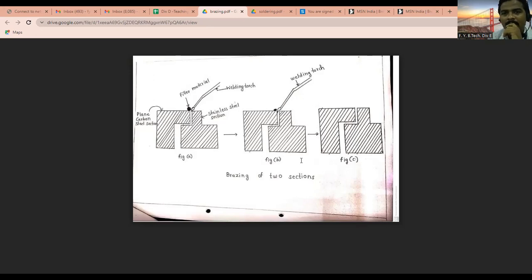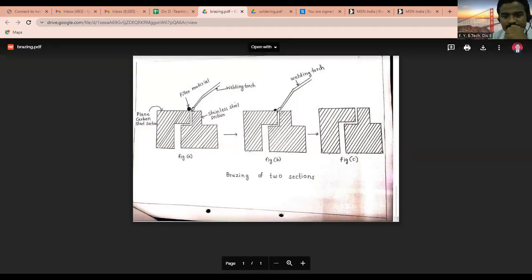Common points you can list as these are the advantages. Okay, write on advantages.